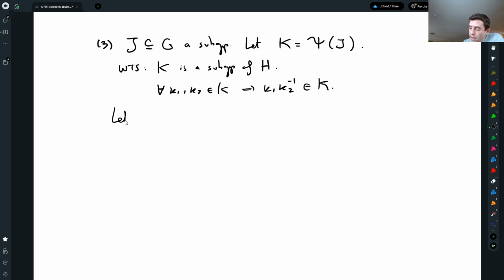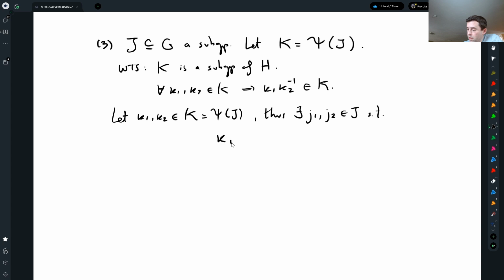Let K1 and K2 be in K. And what do we know about K? K is the image of J. Thus, there are some J1 and J2 in J such that Ki is psi of Ji, right? That each Ki is in the image of psi. So there are some J's that map to the K's.